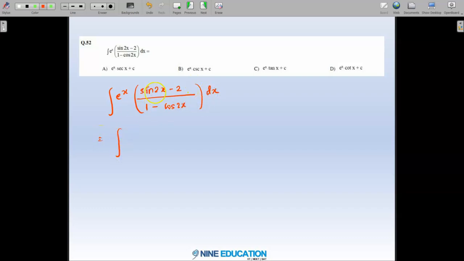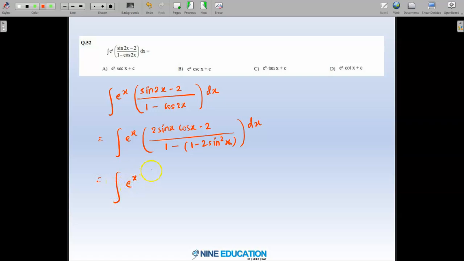If you observe, I can write sin 2x as 2 sin x cos x minus 2, divided by 1 minus, in place of cos 2x we can substitute 1 minus 2 sine square x, right? 1 minus 2 sine square x dx. So using these substitutions in place of sin 2x and cos 2x, we can write this as e power x.